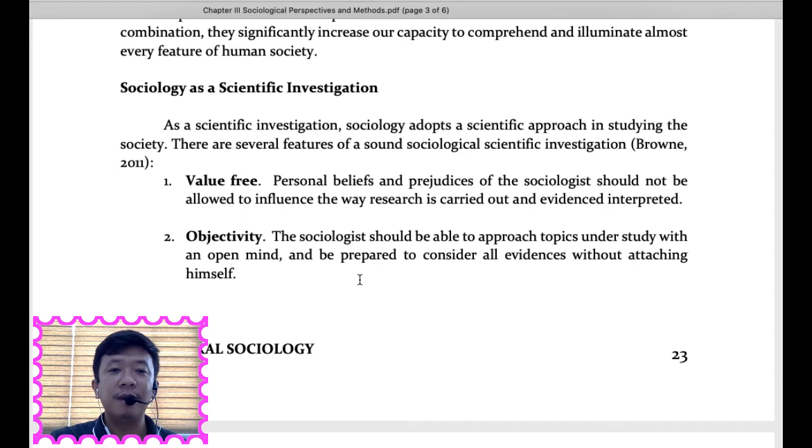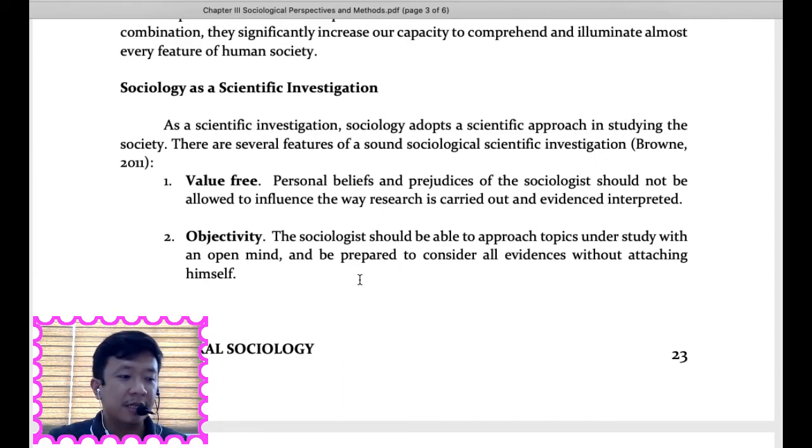No? So ano ba yung mga iba't ibang features, no, ng sociological investigation? So una, dapat yung sociologist, kailangan ay yung pag-interpret niya ng ebidensya ay base sa isang scholastic tradition at hindi sa personal na paniniwala. Okay?